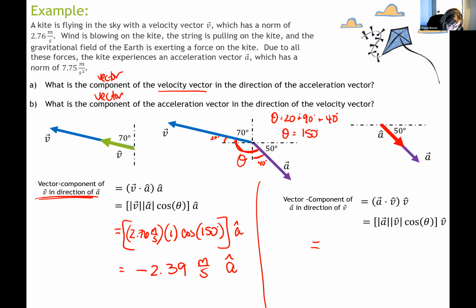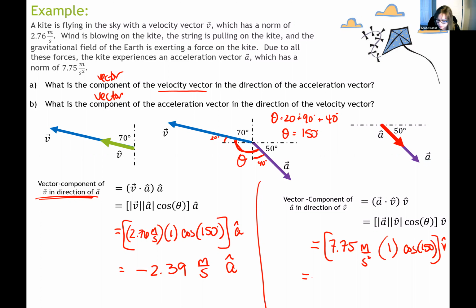I know the norm of the acceleration is 7.75 meters per second squared. The norm of a unit vector is just the number 1. Again, I have the cosine of 150, because that's the angle between the A hat unit vector and the velocity vector, and the velocity hat unit vector and the A vector, since those are in the same directions. All of that is multiplied by unit vector V.